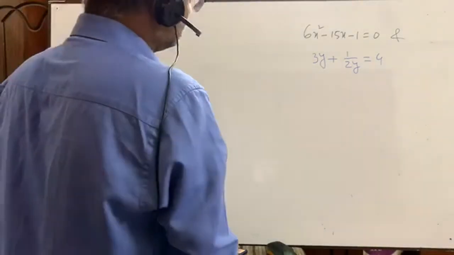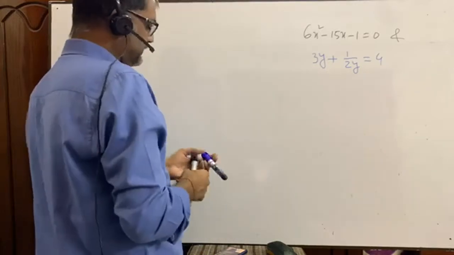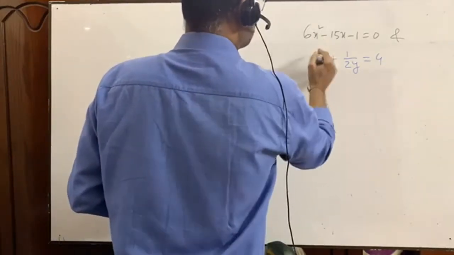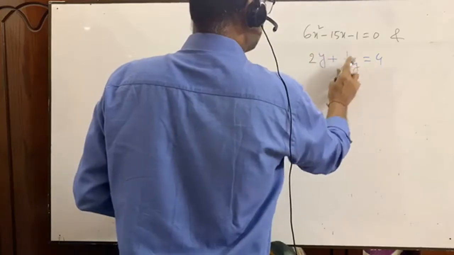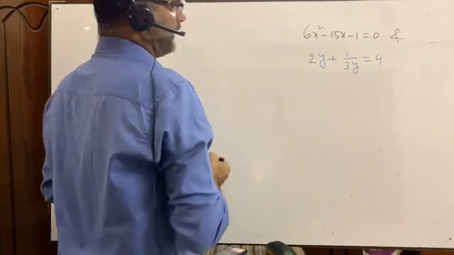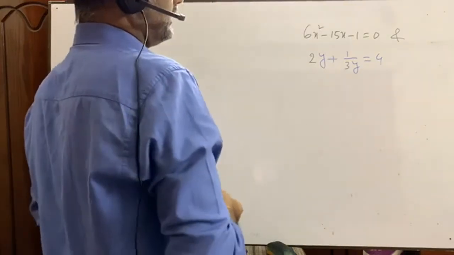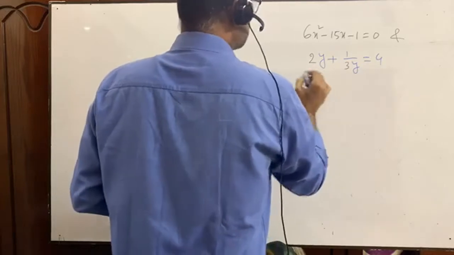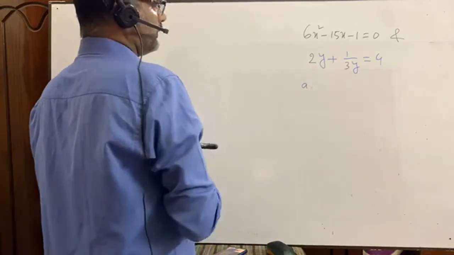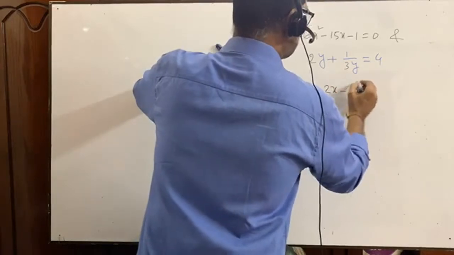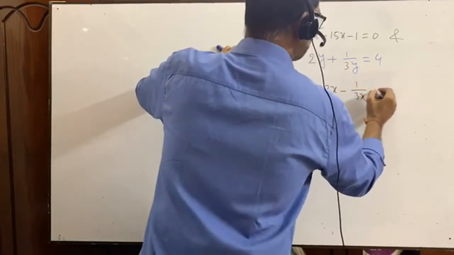So okay, I'm sorry, I am changing the digit, please. You write down 2 because there is a similarity, 2 and here it is 3. I am giving a little bit hard. Question number A: what is the value of 2x minus 1 by 3x equals to what?